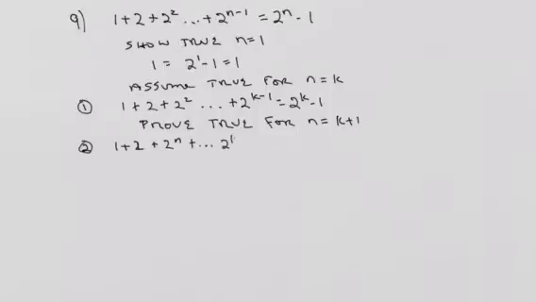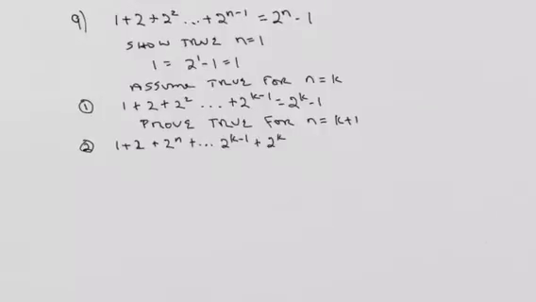I'm going to go ahead and repeat 2 to the k minus 1, and then my next term is 2 to the k, because that's 2 to the k plus 1 minus 1. And that's going to be equal to 2 to the k plus 1 power minus 1.